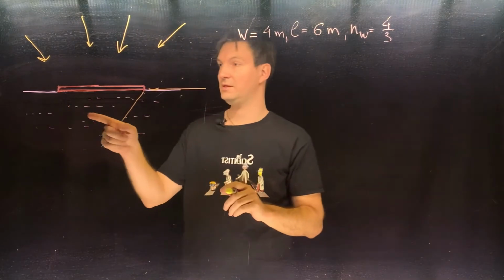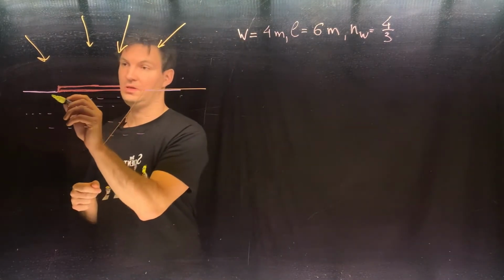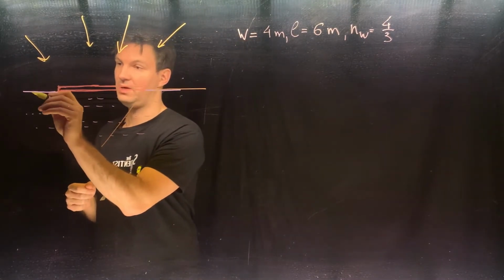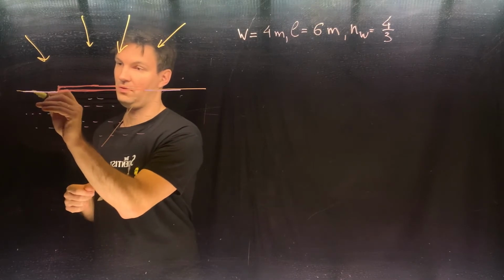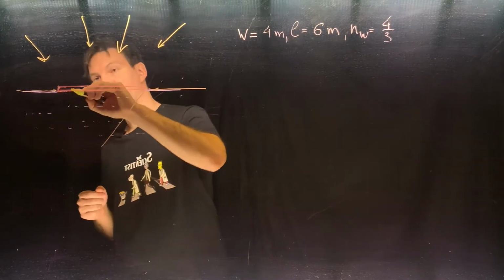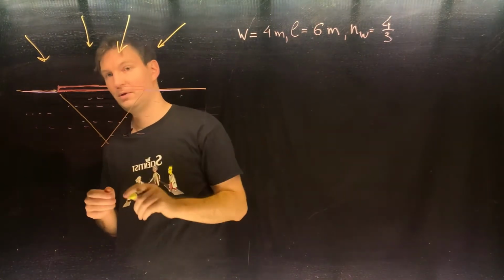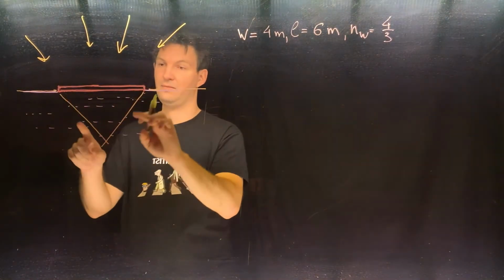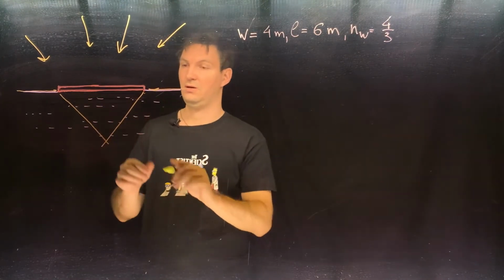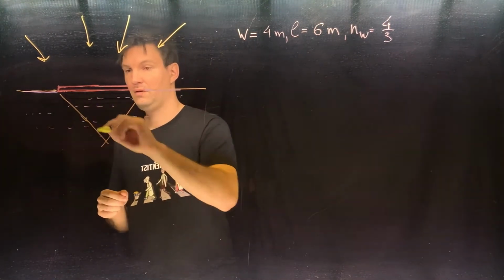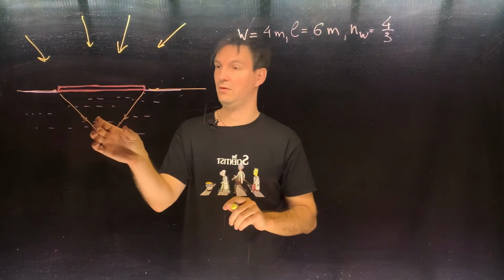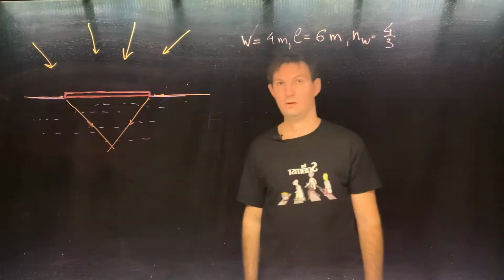And from this side the same picture. The last light beam goes along the surface of water, and at this point it refracts into the water and goes here. So this area is the shadow of the raft under the water.